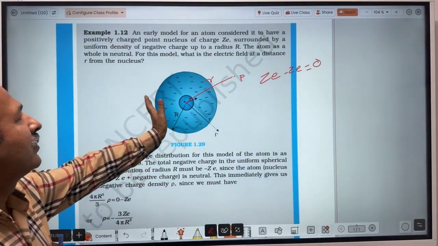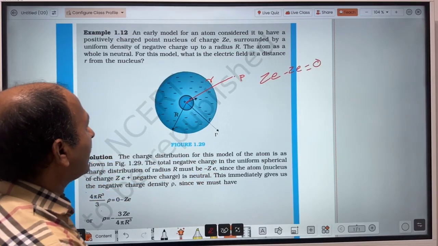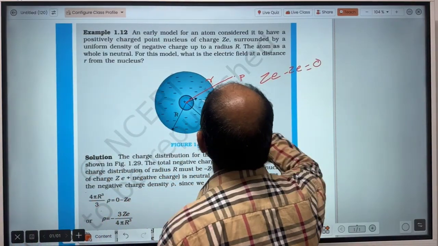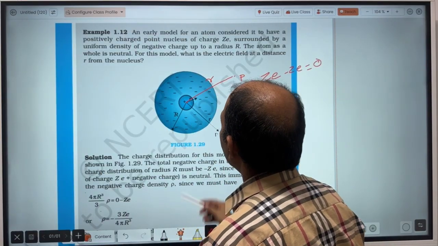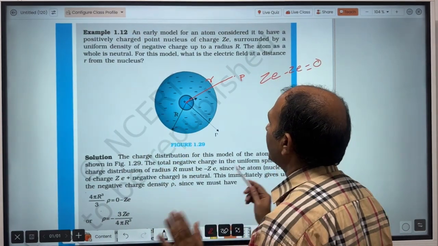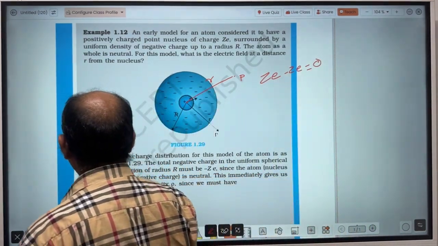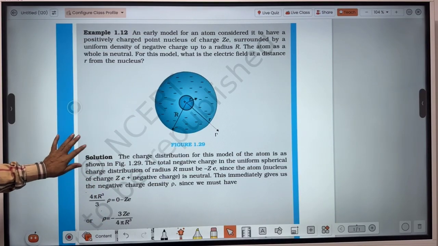If charge enclosed is 0, it means no flux, no electric field. So the field is limited only inside. On the surface also the same thing will happen. Net positive and negative charge will cancel out and nothing will be left, so no flux. So you have seen the situation as discussed in the question.